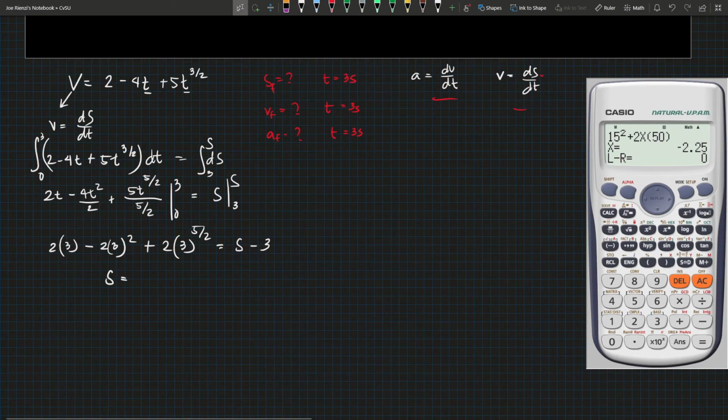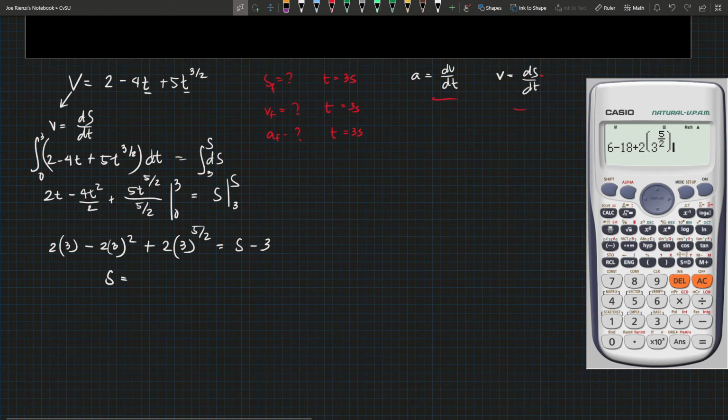So solving for S with our calcu. So 2 or 6, 9 minus 18 plus 2 raised to 3 or 2 multiplied by 3 raised to 5 halves. Tama ba? 19.17 minus ano pa pala, yung minus 3 pa.